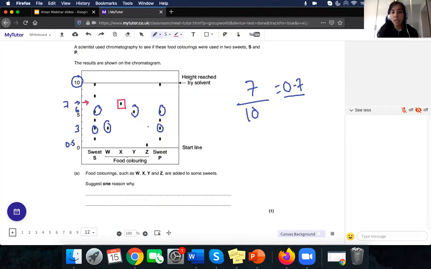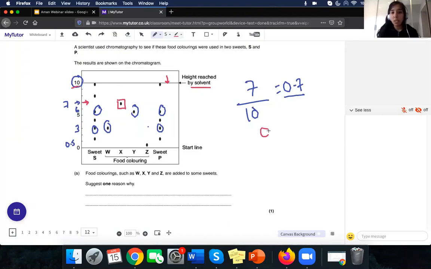Remember, a lot of things are put in a solvent. For example, these sweets might be put in a solvent of water, or ethanol, and we can see how far the watermark moves. If the watermark finishes here, that's the height reached by the solvent. So the retention factor would be 7 divided by 10, which is 0.7.